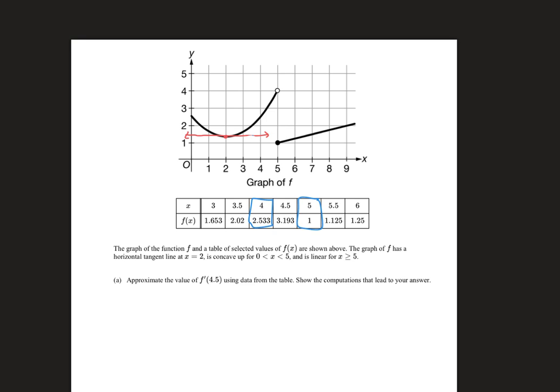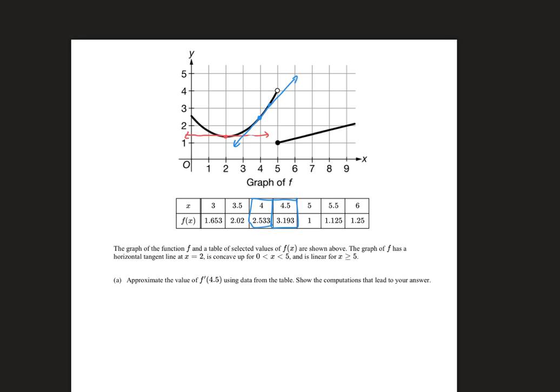Okay, so I think the best thing that we can do, since we don't want to use (5, 1), is just use 4 and 4.5. So think about it, if we used the point at 4 and the point at 4.5 and we found that slope, that's technically a secant line, that would be pretty close to the slope of the tangent line at 4.5. So that's a better estimate. So let's do that.